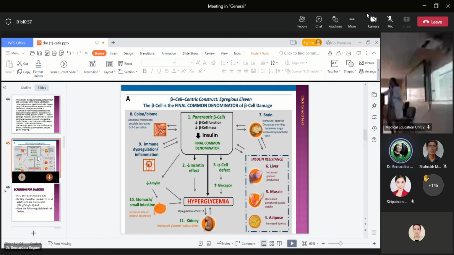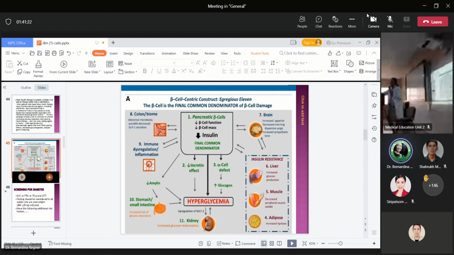Okay, so number 2, you have decreased incretin effect, your hormones that are used for gastric emptying. Then alpha cell defect. As a result, there will be increased glucagon that can cause hyperglycemia. Then number 4, increased lipolysis in the fat cells.